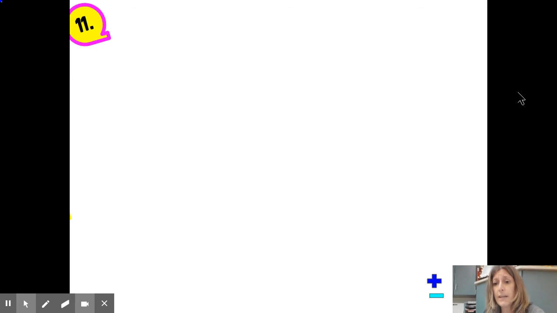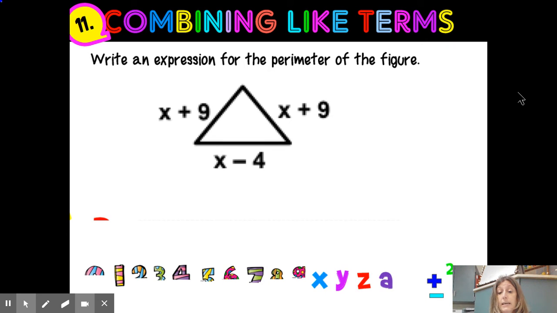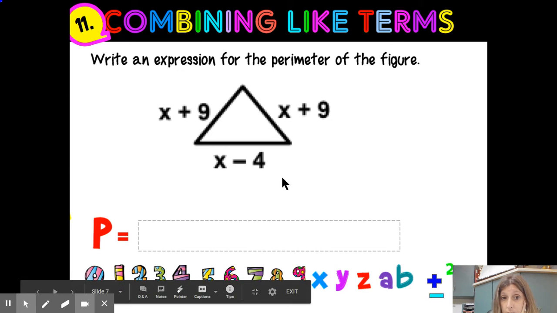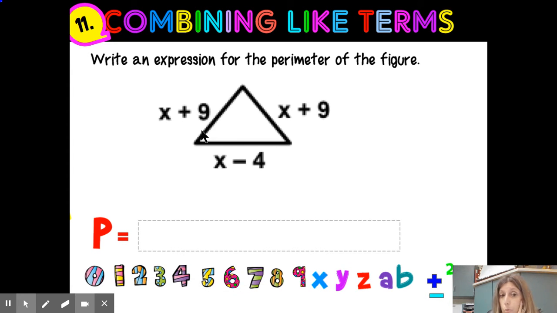So what we're going to do today is what we did yesterday, except we're going to use it on polygons, finding the perimeter of polygons. If you look at slide 11, you may see some variables, some expressions showing the sides of polygons. We don't necessarily know what x is, and that's not the point.